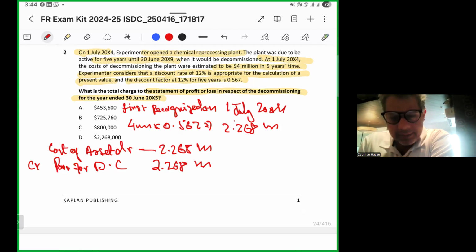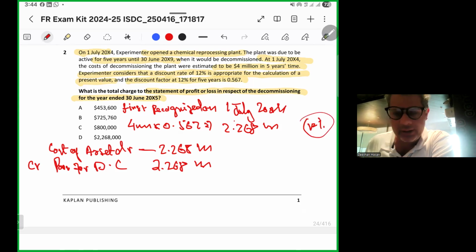In addition, the decommissioning provision should be increased to 4 million by the end of year 5. This is done by charging a finance cost each year. This is charged at the cost of capital, which is 12%, and applied to the balance on the provision account.